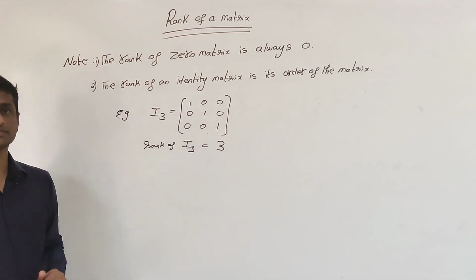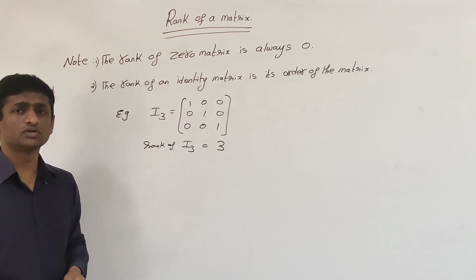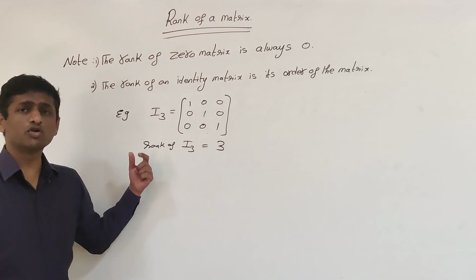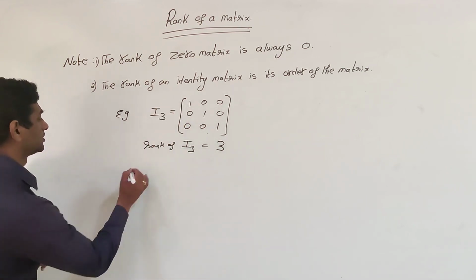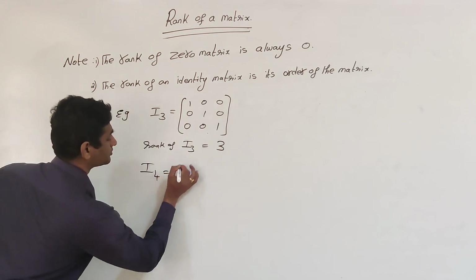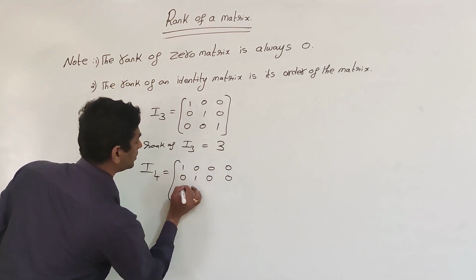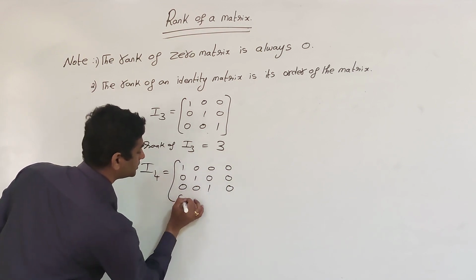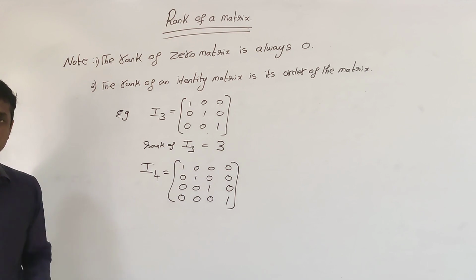If I go for I4, what is the rank of I4? It consists of a 4 by 4 matrix with elements 1, 0, 0, 0, 0, 1, 0, 0, 0, 0, 1, 0, 0, 0, 0, 1. It is a 4 by 4 matrix.